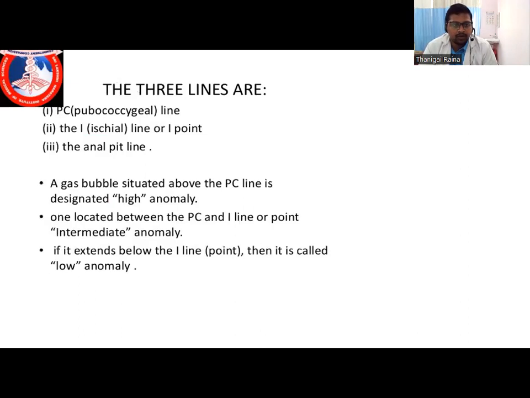So coming to invertogram, in invertogram we should look for three lines, that is pubococcygeal line, the ischial line or I point line, and the anal pit line. A gas bubble situated above the PC line, that is pubococcygeal line, is designated high anomaly. One located between the pubococcygeal and the I line, ischial line or point, is intermediate anomaly. If it extends below the I line or point line, then it is called low anomaly.